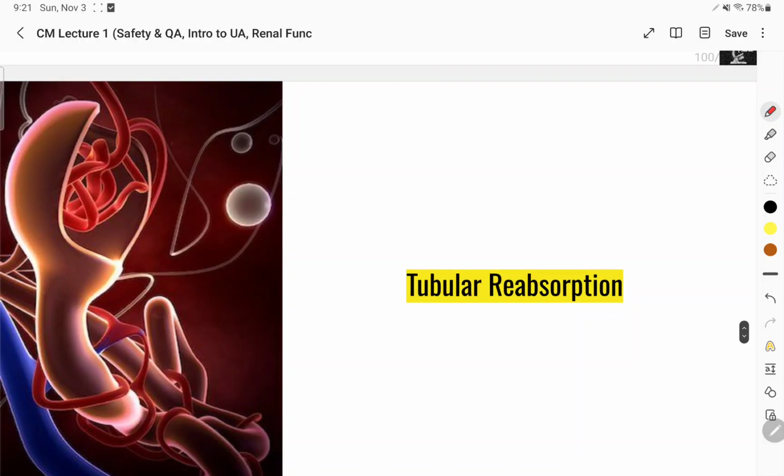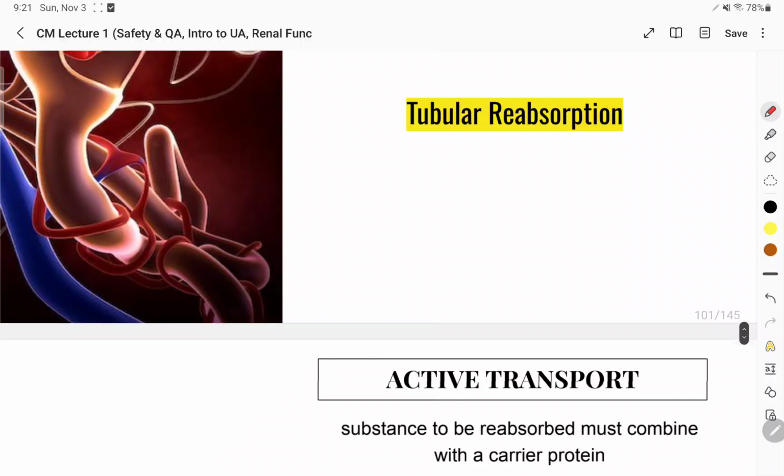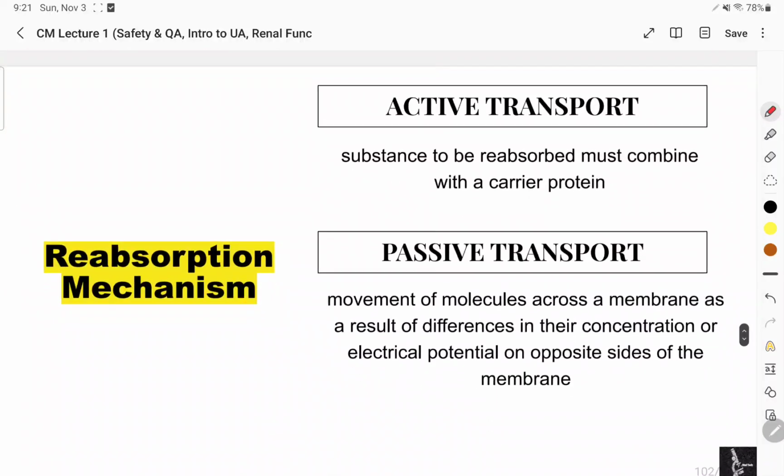Okay, tubular reabsorption. For tubular reabsorption, of course, it involves your PCT, your DCT, okay? So, as I said earlier, aside from the glomerular basement membrane, it also depends on whether a substance can pass through using active and passive transport.